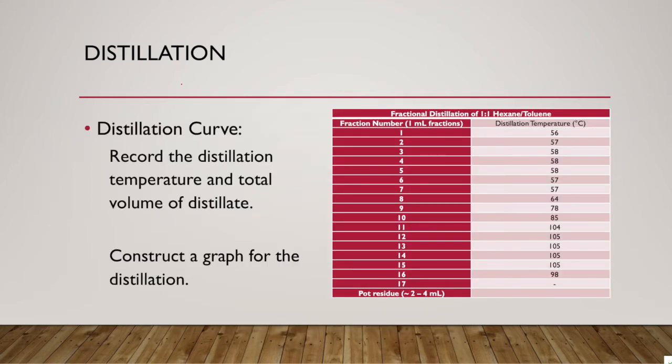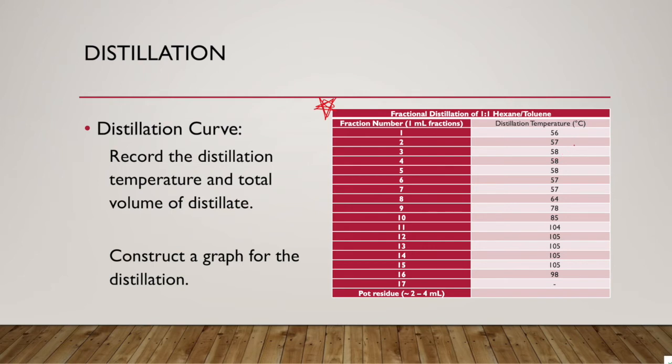So in this experiment, there's one thing you need to record, which is the distillation temperature and the total volume of distillate. If you're taking this course online, then you will just use the table with the temperatures provided in the report template.